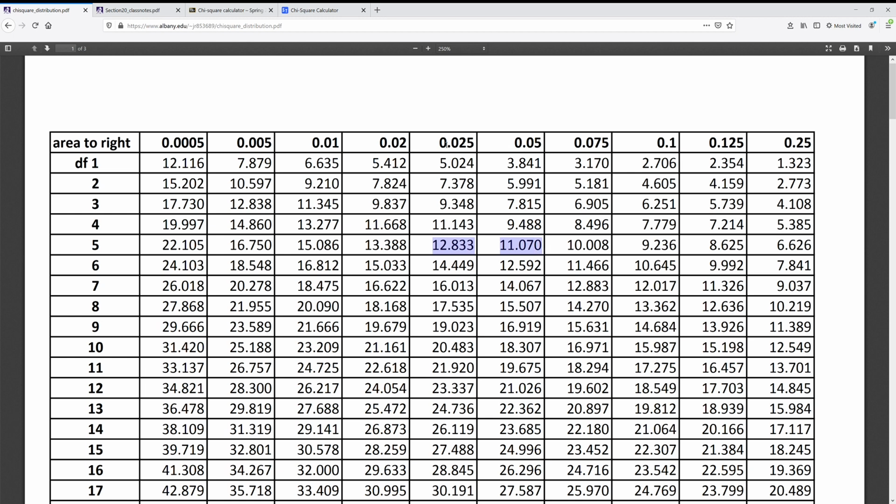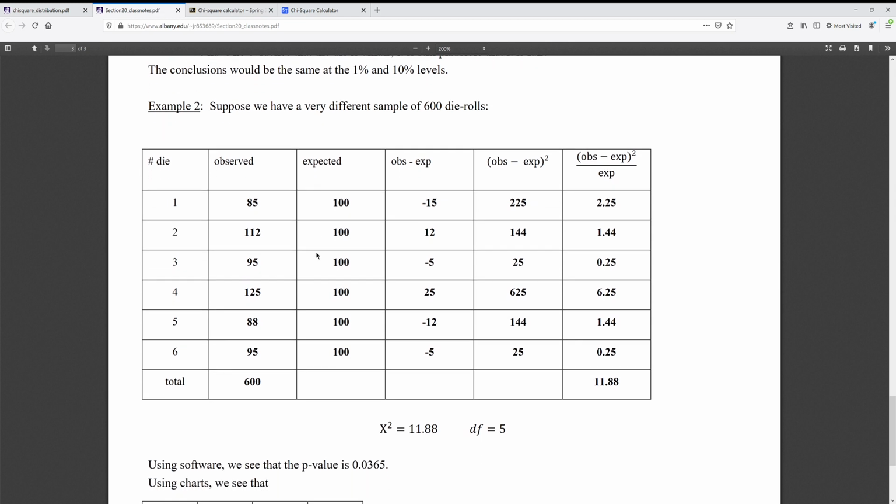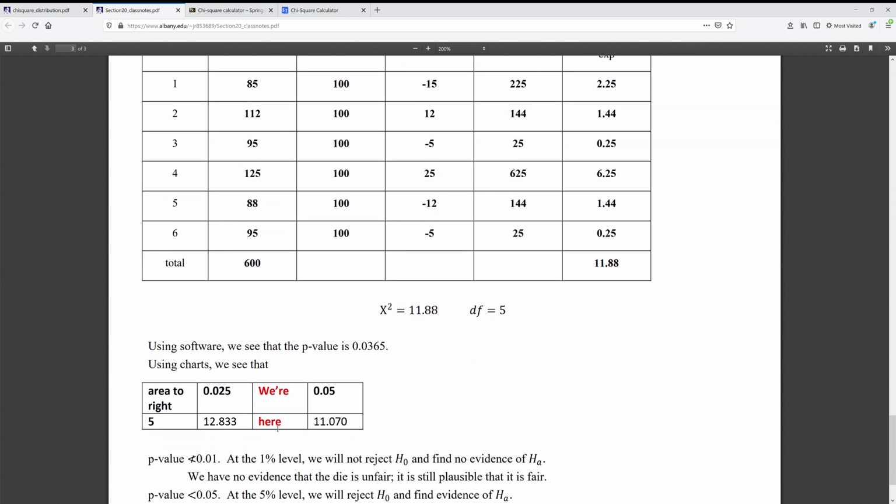So the corresponding p-value is between 2.5% and 5%. Well, it is less than 5%, it is less than 10%, it's not less than 1%, but more on that in a minute. In particular, it's between 0.025 and 0.05. Yeah, here it is. So on the 5 row, it's between these two entries, so consequently the tail, which is to the right in these tests, is between 2.5% and 5%.